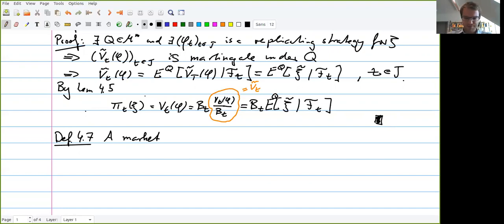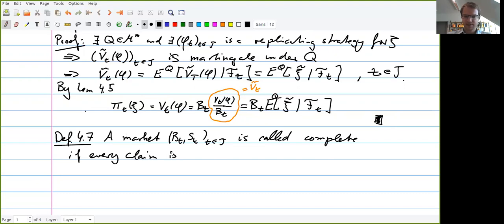So a market is called complete if every claim is replicable.